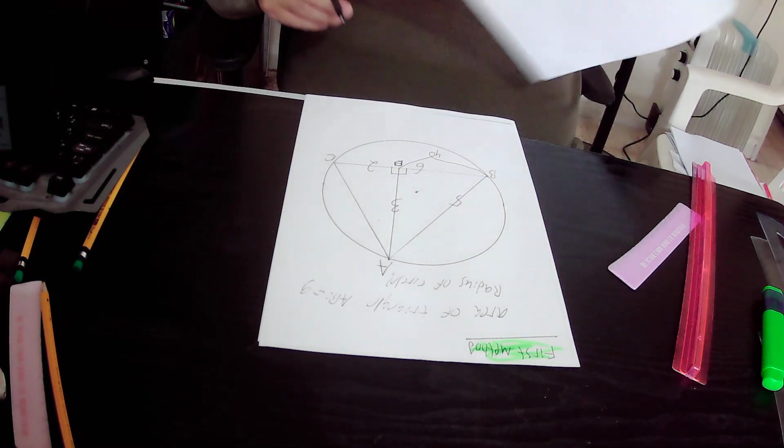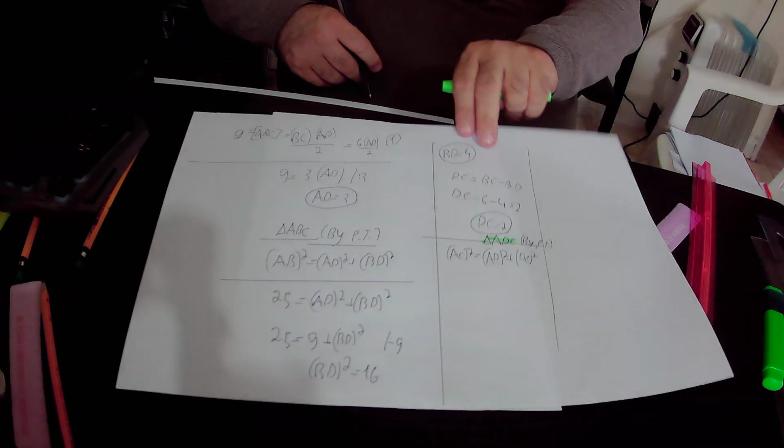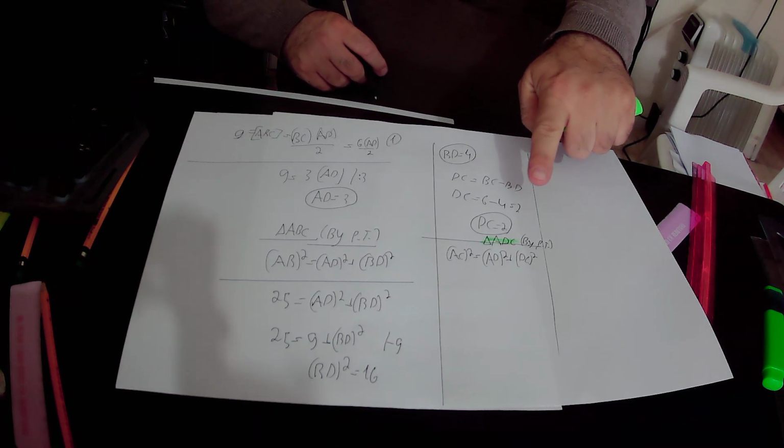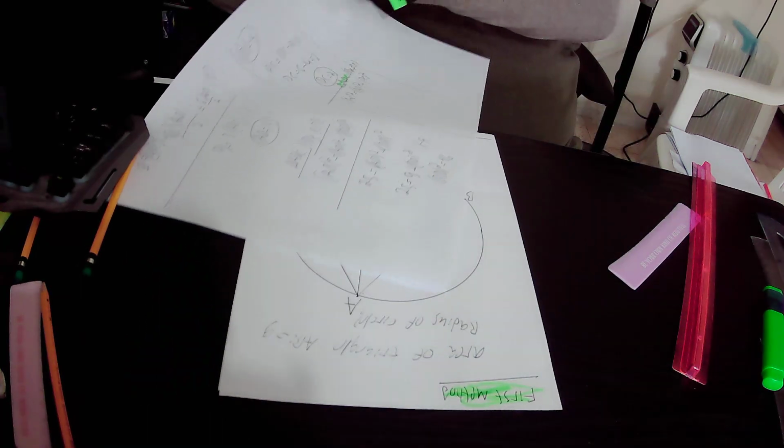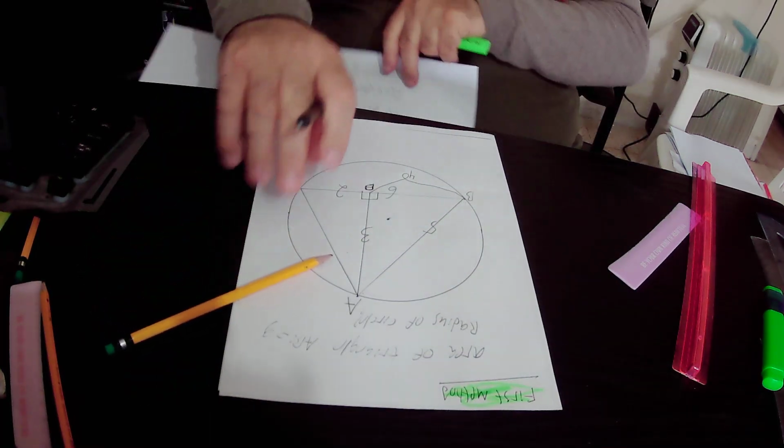I repeat again: on the right triangle ADC, according to the Pythagoras theorem, we get that AC square equals AD square plus DC square.